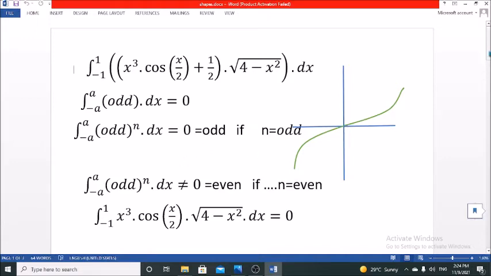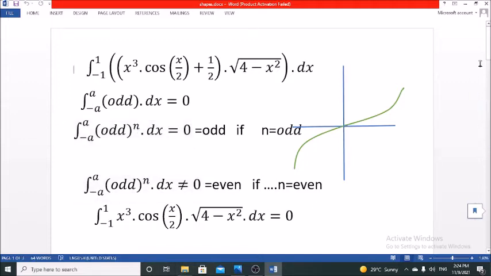Also, if we have two functions multiplied together, one even and the other odd, the product is actually odd. So this principle applies to them: the integral between two equal limits yields 0 for an odd function and not 0 for an even function.